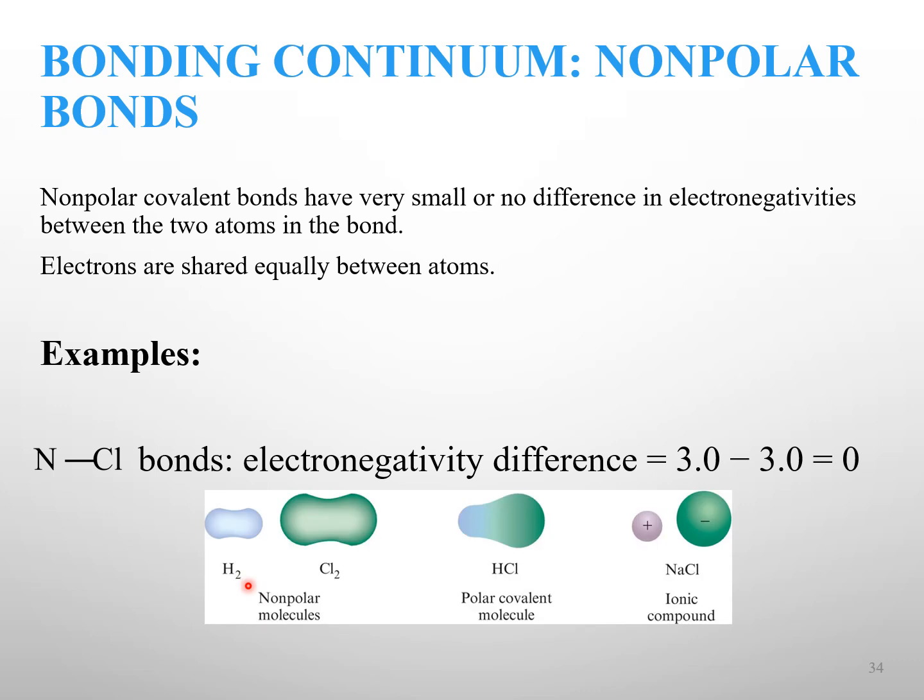So you have other options of nonpolar: H2, H and H, Cl and Cl. We also talked about F and F. Those guys all have electronegativity difference of 0, so they are nonpolar molecules. HCl will be different enough in electronegativity that you have a polar covalent. And for ionic compounds, Na and Cl here, this is going to be a really, really big difference, higher than 2.